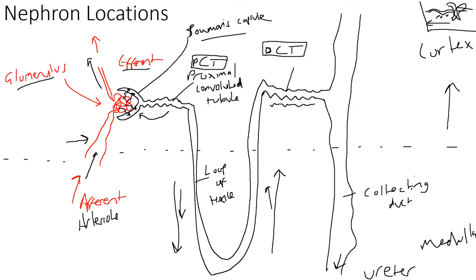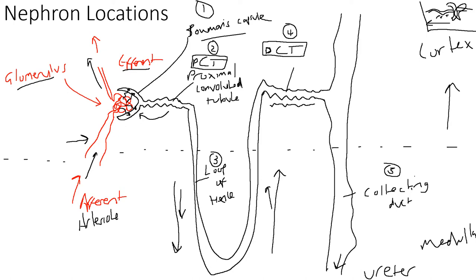So really you've got 5 sections of the nephron that you need to know about. Number 1, the Bowman's capsule. Number 2, the proximal convoluted tubule, or the PCT. 3, the loop of Henle. 4, the distal convoluted tubule, and 5 would be the collecting duct.